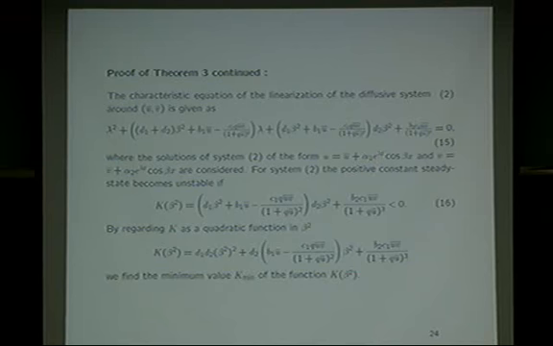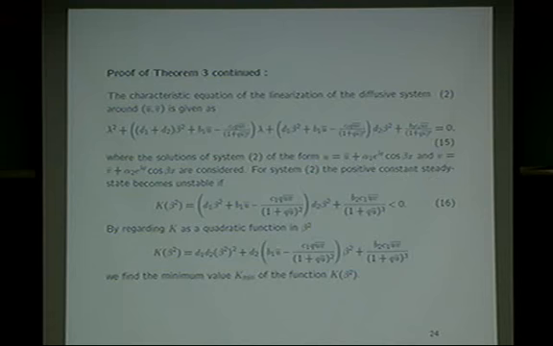If we obtain a positive lambda value, that will cause the solution to diverge from U bar and V bar, which makes the solution unstable.